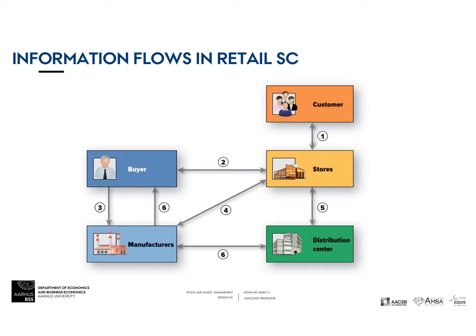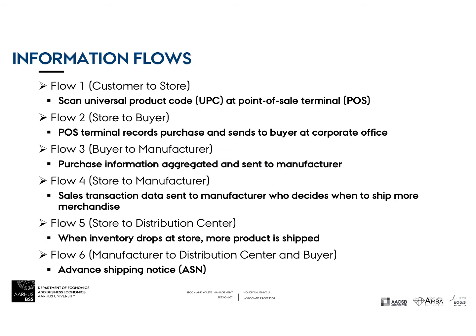So normally an information system is used to support communications of multiple suppliers. Here we have a brief explanation for each type of flow. Flow 1, scan, for example, scan the universal product code at the point of sales terminals.